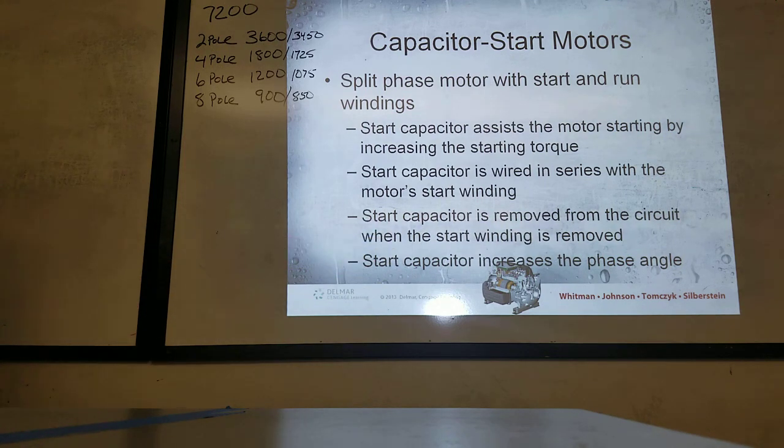It's also not meant to stay in the circuit. Okay? So if you notice on the start capacitors, they have a little hole in the top, and underneath it looked like cardboard. Okay.